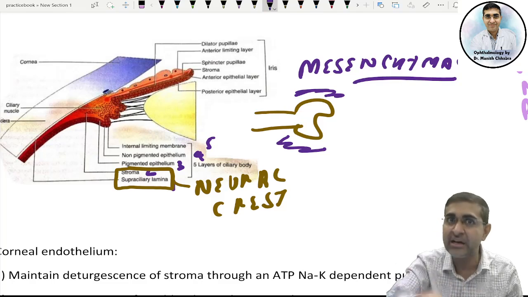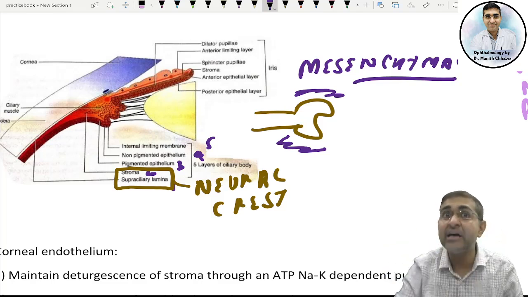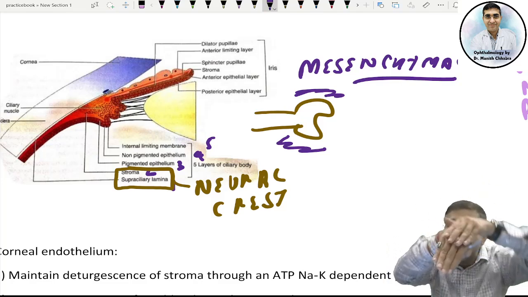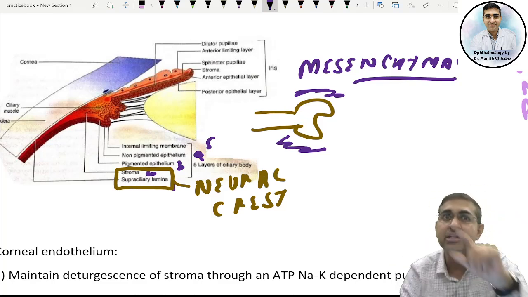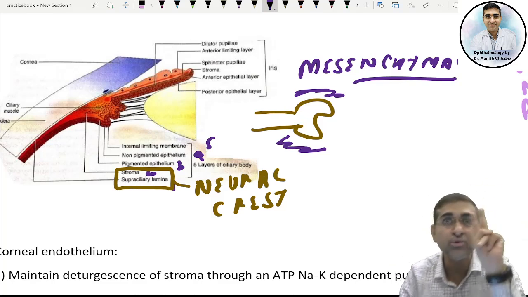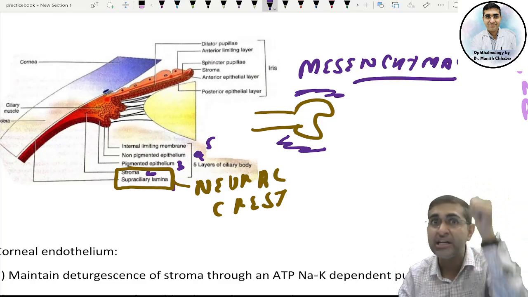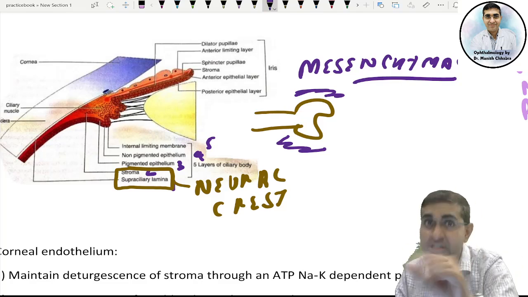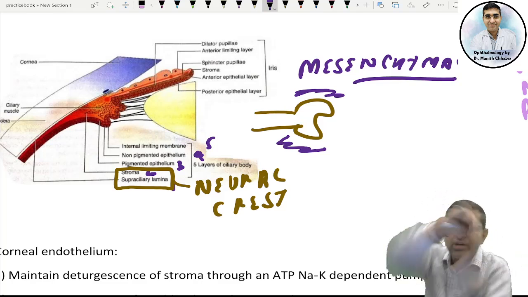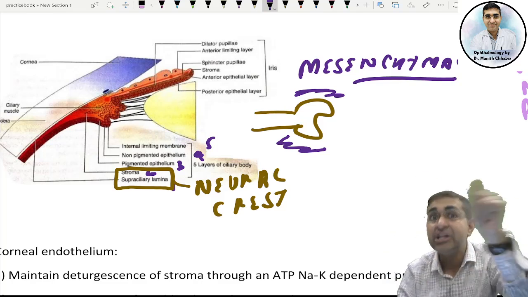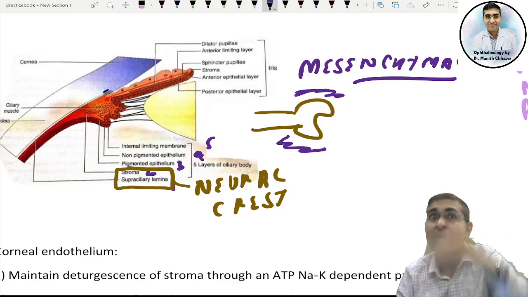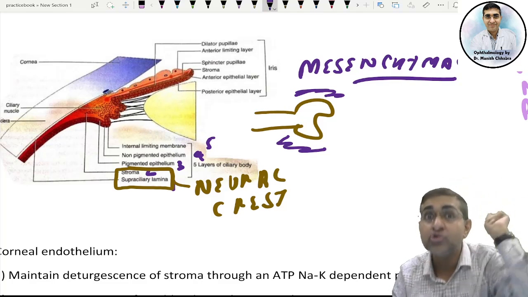You can see in the diagram, the layer which was pigmented in the ciliary body loses pigment such that it comes to lie anterior to the pigmented epithelium. So this becomes non-pigmented epithelium. Now you are already aware of the 2 layers: pigmented epithelium, which is posterior most, then non-pigmented epithelium, which is anterior to this. But as I told you, the optic cup is surrounded by mesenchyme, and mesenchyme leads to formation of stroma as well as the anterior lamina of the ciliary body, which was the supraciliary lamina.